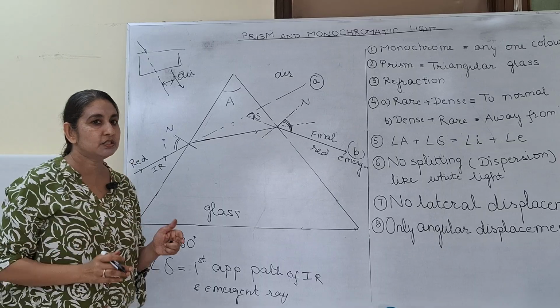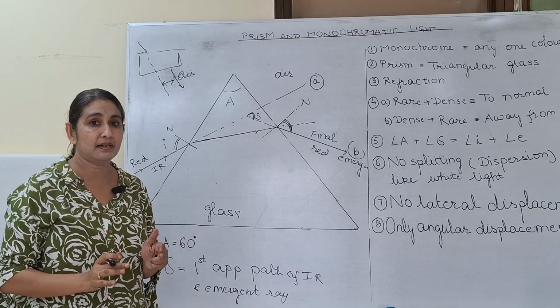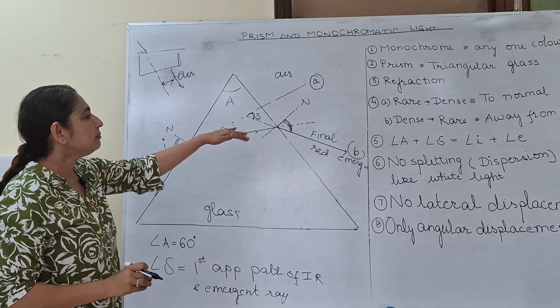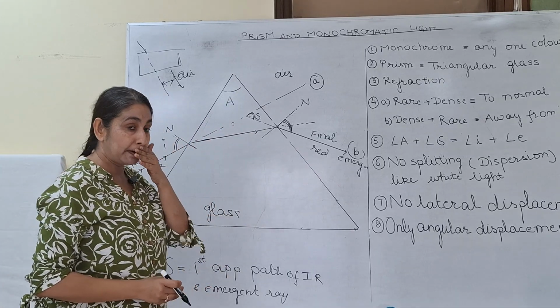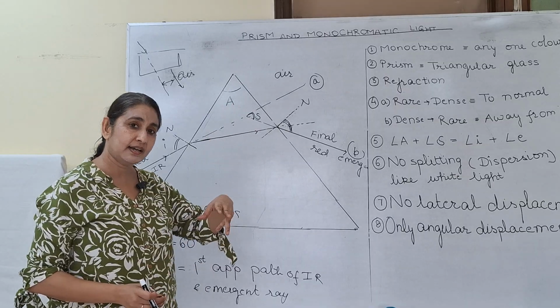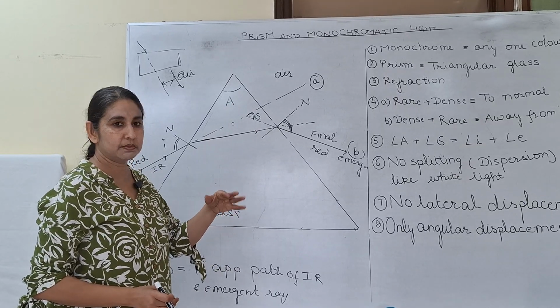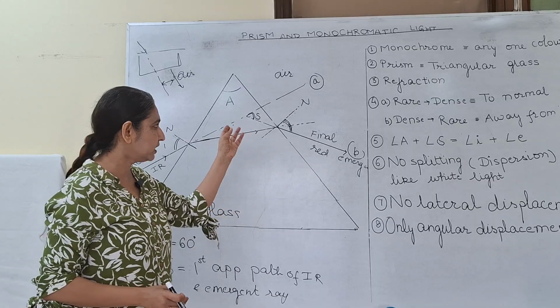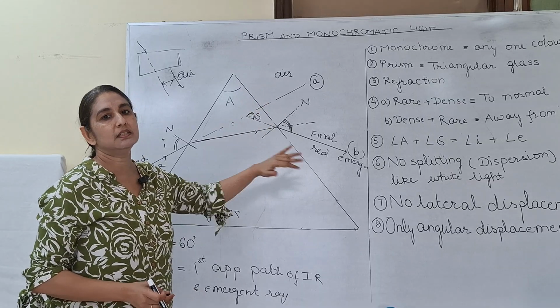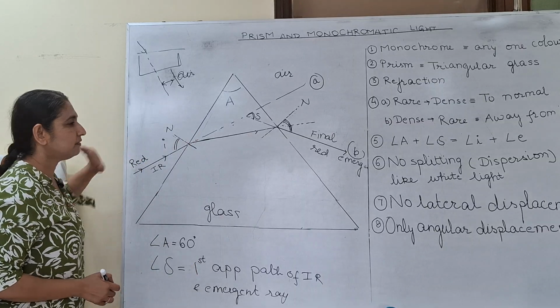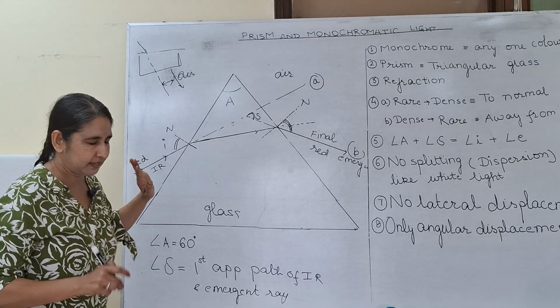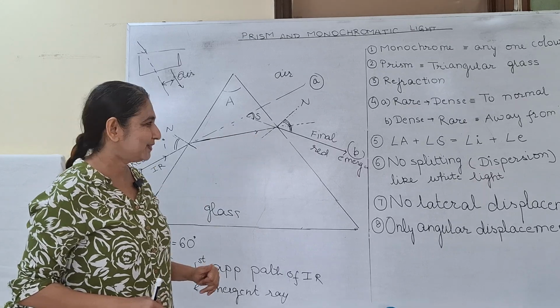Emergent and incident light were parallel to each other. Here they are not parallel. See, this is not parallel to the emergent ray, but they have angular displacement. It's called angular displacement because an angle is formed between the incident ray and the emergent ray. So they do not have lateral displacement, they have angular displacement.